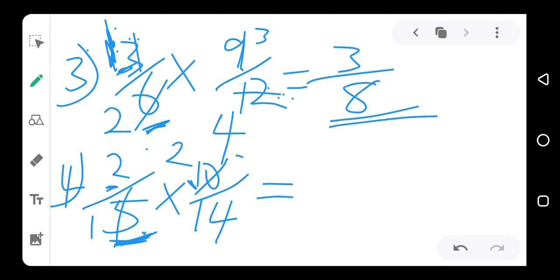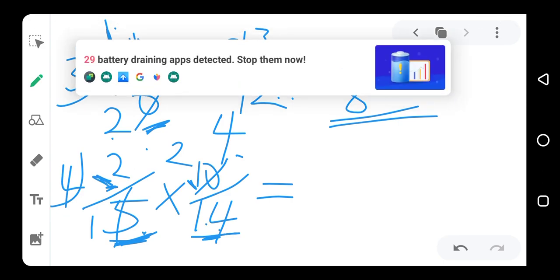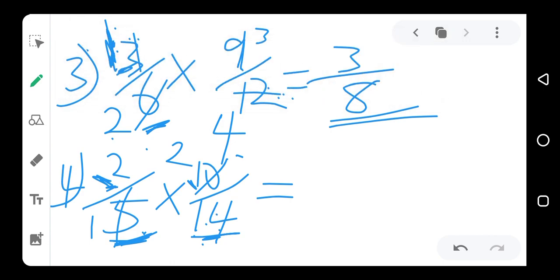Now we come to 14. Is there anything that can divide 14 and divide something on top? Let's start with 14 and these 2 here. 2 can divide 14 and get 7. If you divide 14 by 2, we get 7.